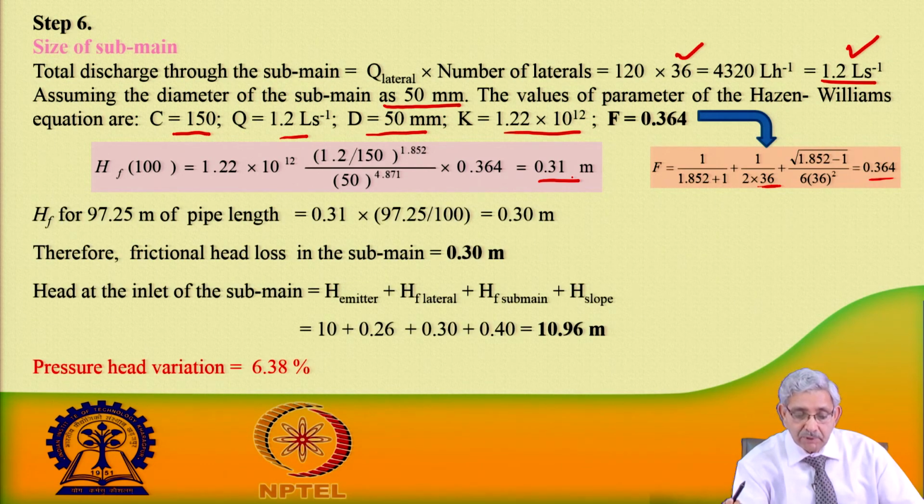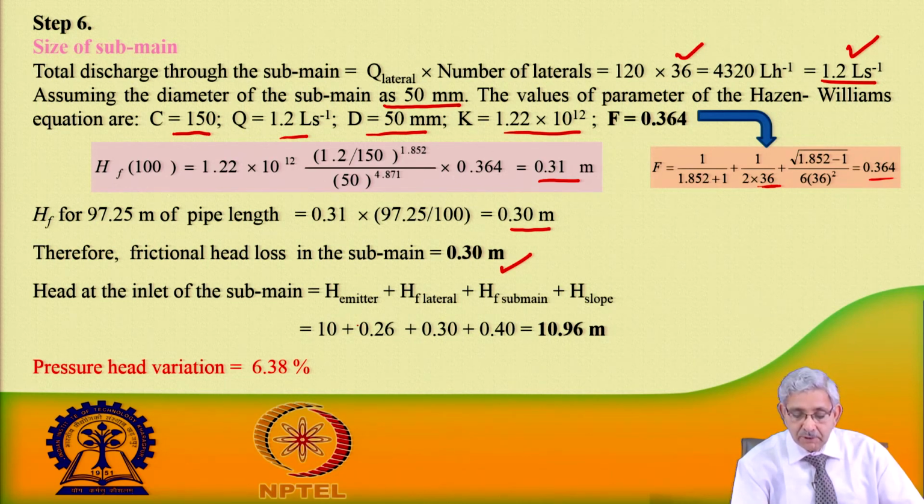Now, since this pipeline is 97.25 meter, accordingly the value of the head loss due to friction is 0.30 meter, instead of 0.31. So, the frictional head loss in the submain pipeline is 0.30 meter. Now, the head required at the inlet of the submain pipeline, which will supply water to the lateral pipeline, tells us the total head required.